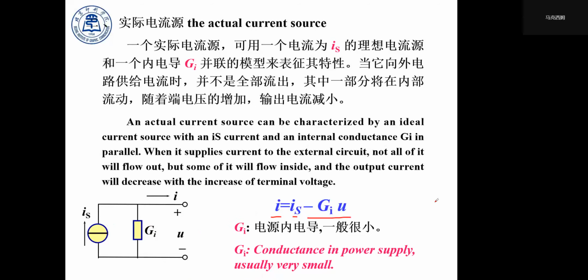And we know that the inner conductance of the current source is actually very small.